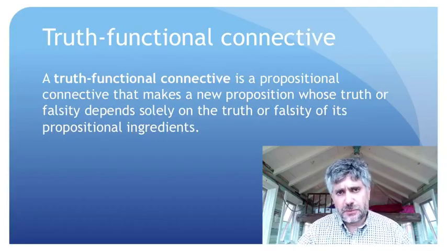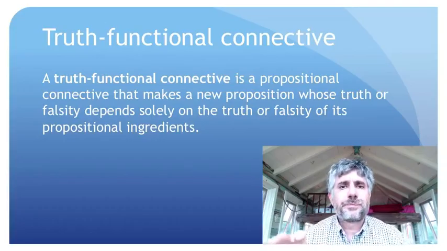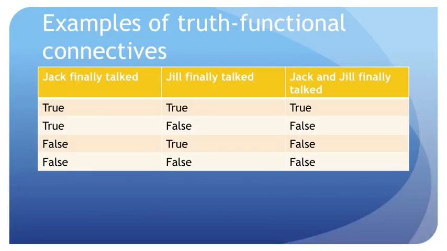Let me give you some examples to illustrate that definition. So consider, again, our example, "Jack and Jill finally talked," where that's used to mean just that Jack finally talked and that Jill finally talked. Okay, so when is that proposition going to be true? When is it going to be true that Jack and Jill finally talked?